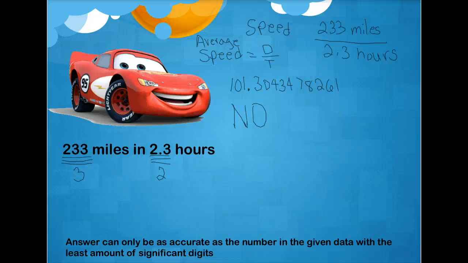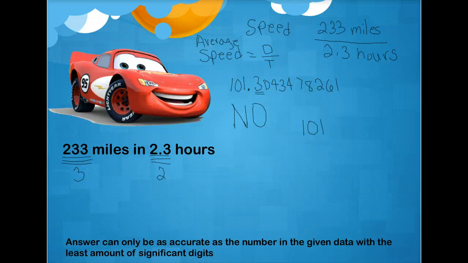So how do we write this number with just 2 significant digits? It can only have 2 significant digits. So if we wrote this number as 101, we're going to look at this 3 to see if we round this 1 up. Remember the rules on rounding.